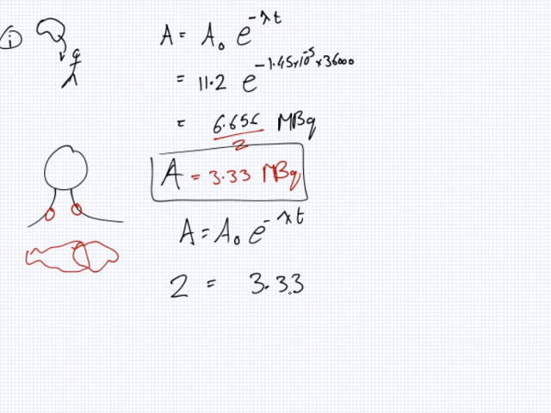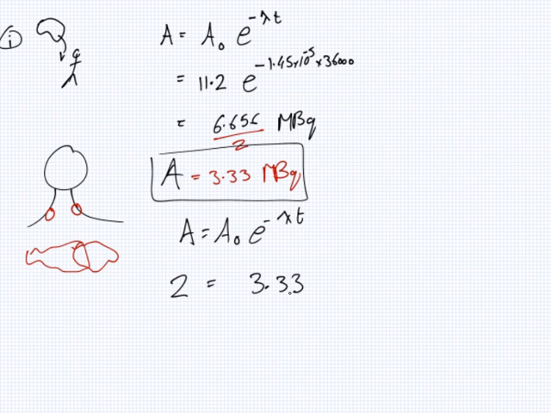Now it gets a bit complicated, because if you use A0, you also have to divide it by 2, because only half of it is in the thyroid, and also 10 hours have already passed, so you'd have to minus 10 from your answer. It's too messy this way. Instead, it's much better to start here with the right amount, forget about the other 50%, and look at the decrease from here down to 2.